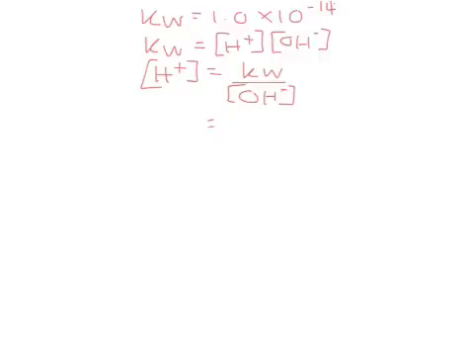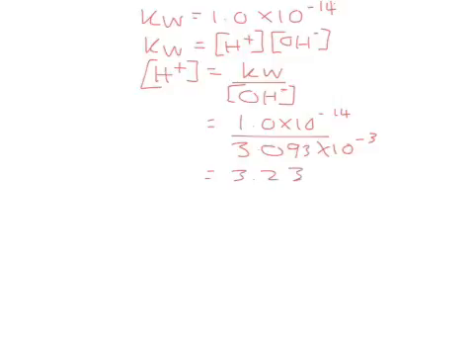So if we pop the numbers in from previous, where we've got Kw over that concentration of the hydroxide ion, we'll find that this comes out as 3.233 times 10 to the minus 12. So now we've got the concentration of that hydrogen ion, we can now work out the pH, and remember that pH is equal to the negative log to the base 10 of the hydrogen ion concentration.